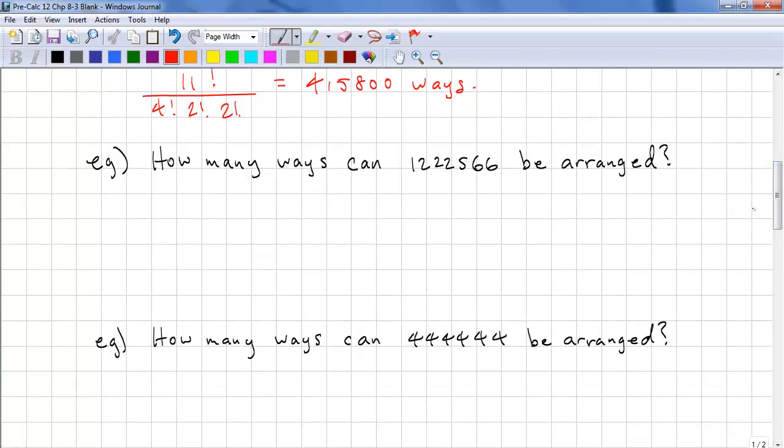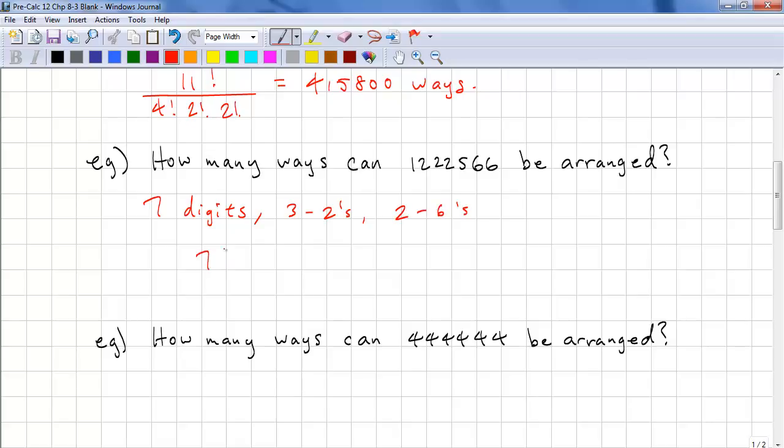Okay, our next example might look a little funny, but we just treat the digits as permutations. So how many ways can 1, 2, 2, 2, 5, 6, 6 be arranged? Well, we have 7 digits. We have 3 2's, and we have 2 6's.